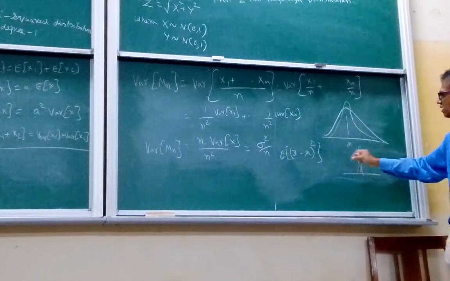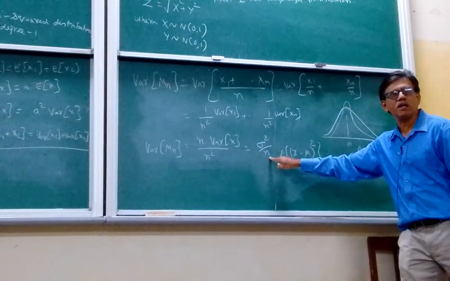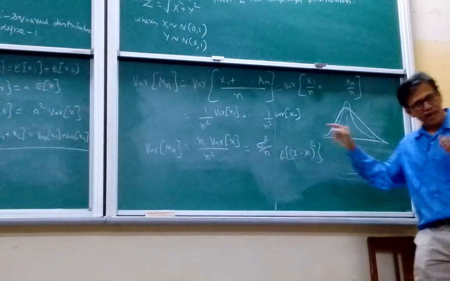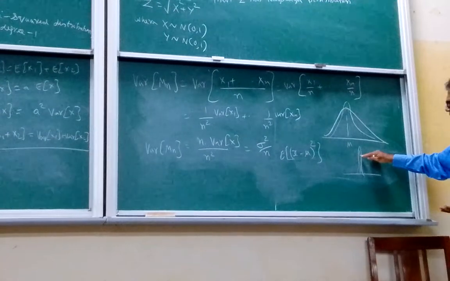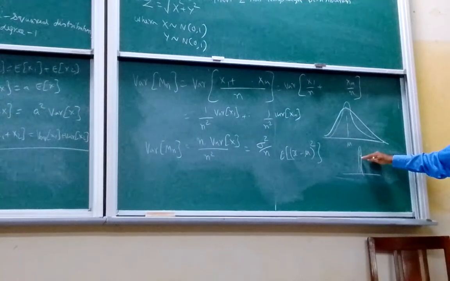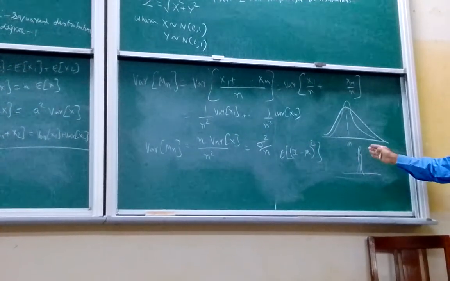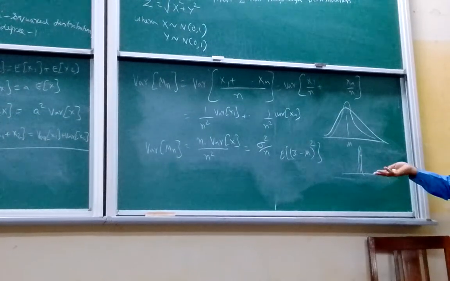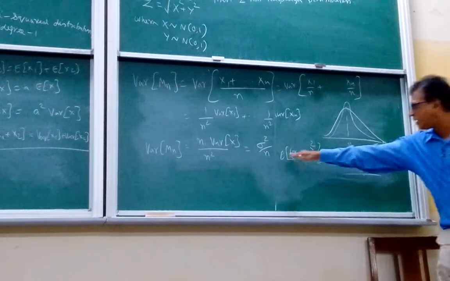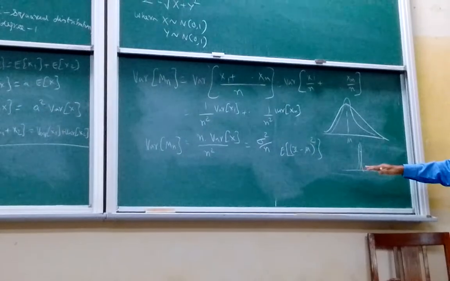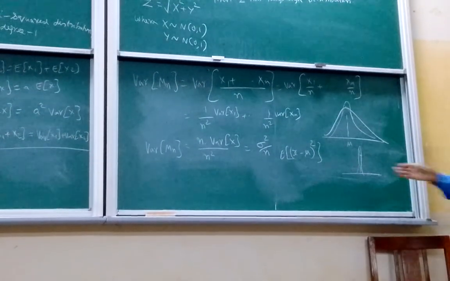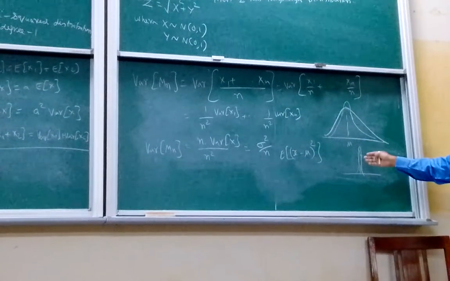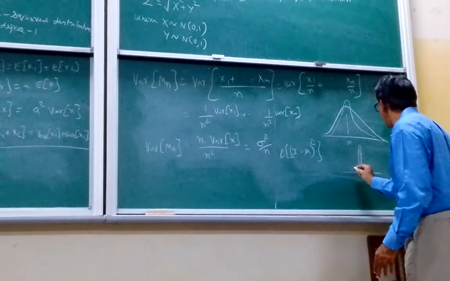That becomes less and less when n becomes large, which happens only when whatever X can be realized is very close to the mean. Expectation is average. So variance reducing means it has to be more and more concentrated at one point. It will become more like a Dirac delta function.